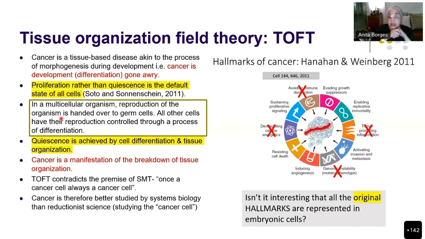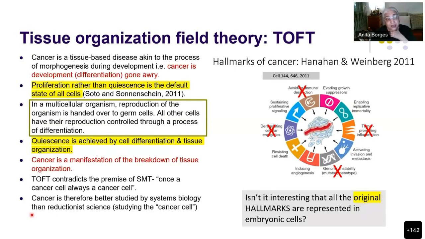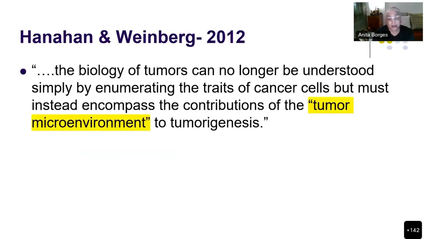But multicellular organisms like us have done this, and I think they believe that cancer is better studied by systems biology rather than this reductionist science of just studying the cancer cell.